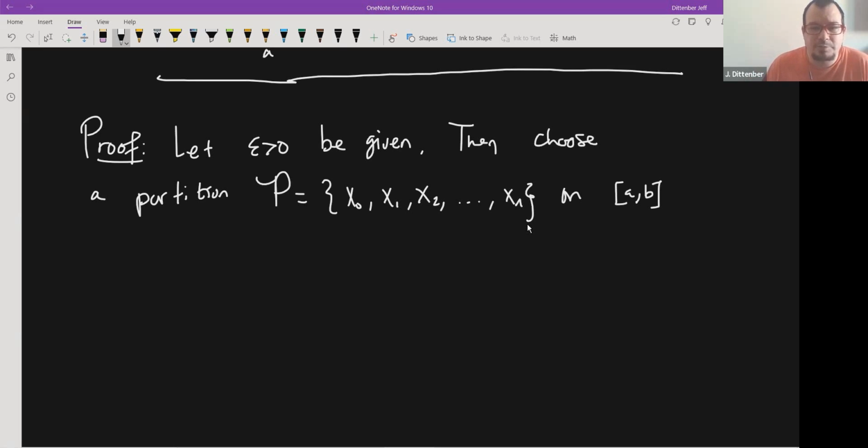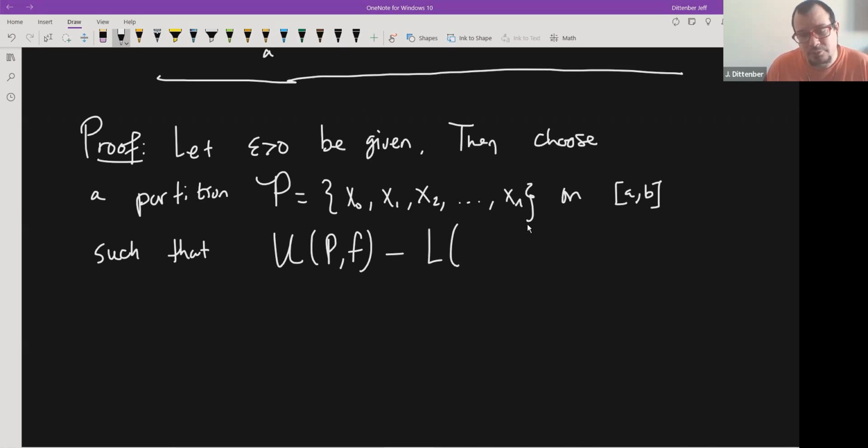So we let epsilon be given, then choose a partition P of this form such that if we take the upper sum of this function in this partition minus the lower Riemann sum, it will be less than epsilon.